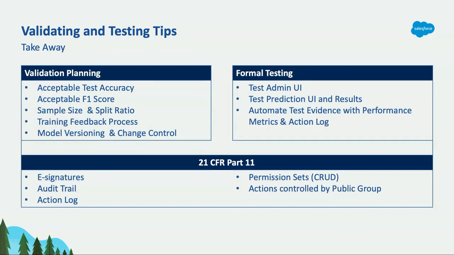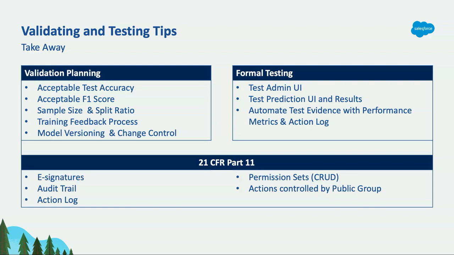So I know there's a lot of things mixed into what I talked about today, but I want to walk through why we walked through it the way we did and what the takeaways were. If you're working on validating your system, some of the planning you want to do up front is, what's the acceptable test accuracy that you're willing to accept? Einstein's never going to be 100% accurate. So as an organization, you have to decide, am I comfortable with it being 90% accurate, 95% accurate?